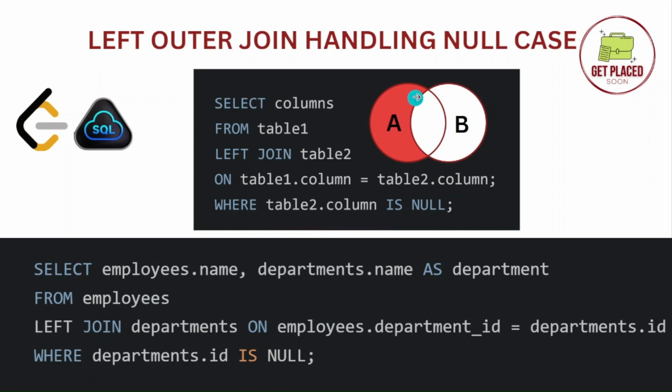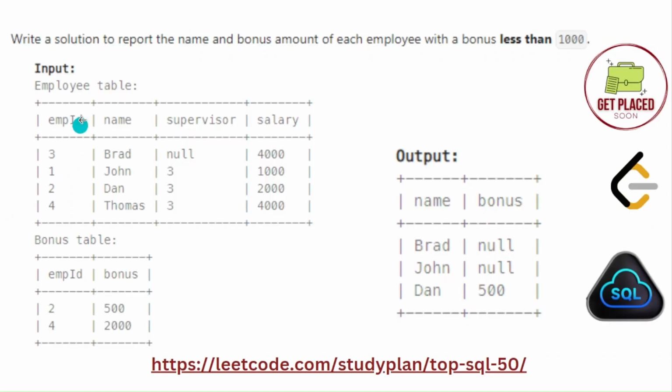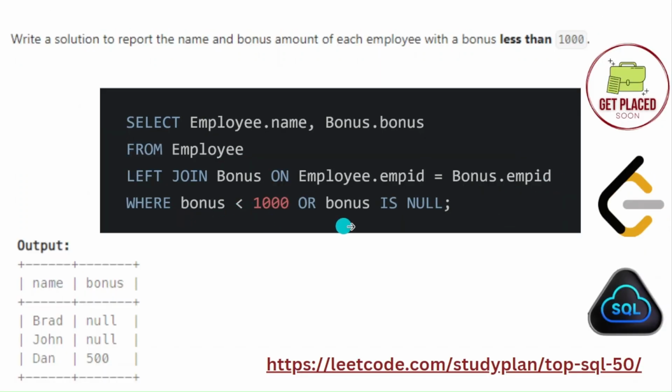If it is right outer join, we will mention where table1.column is null. So here you can see table 1 is employee, table 2 is bonus. Left outer join, which means left table is employee. Therefore, right table.column is null, right? So in the condition, we will write bonus is null. Bonus is from the right table. Understood how we write the condition?